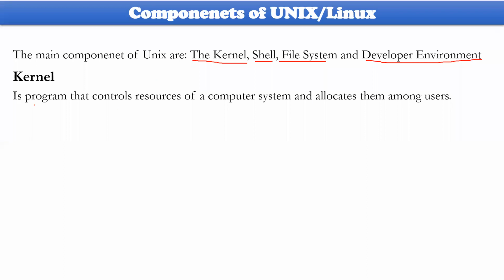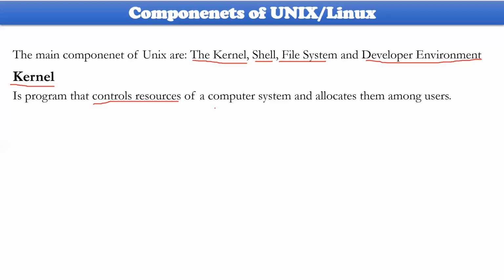The kernel is a specific set of programs used to communicate with the hardware directly. It controls all kinds of resources available in the computer system, such as the CD drive, microprocessor, memory, printer, and memory cycles. Everything is controlled by the kernel only.